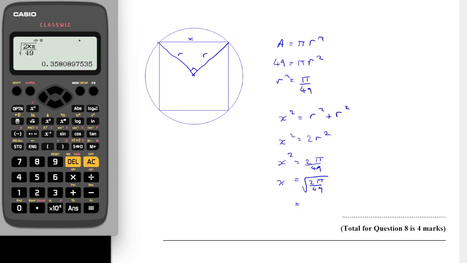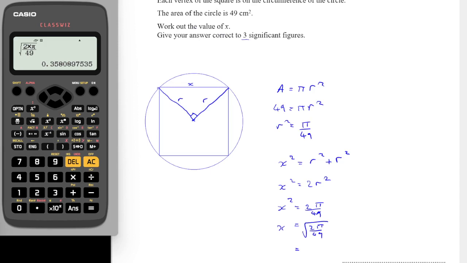I've just looked and I've actually rearranged wrong here. It should have been 49 over pi, so I've got that the wrong way around. So let's switch that around, and here and here.